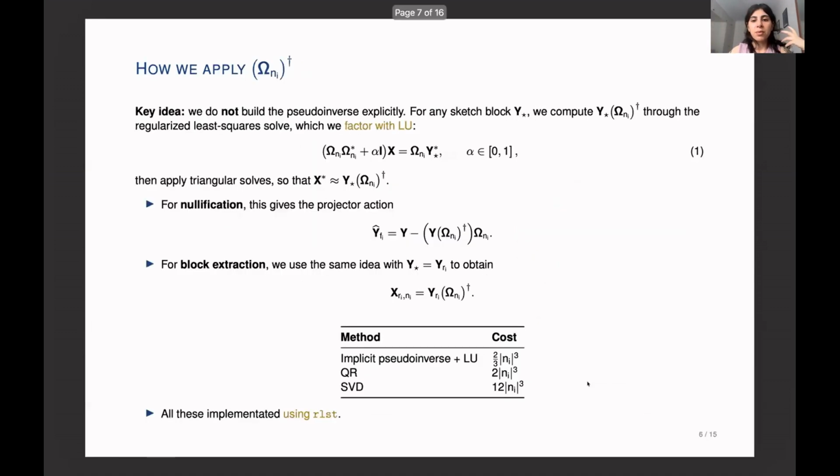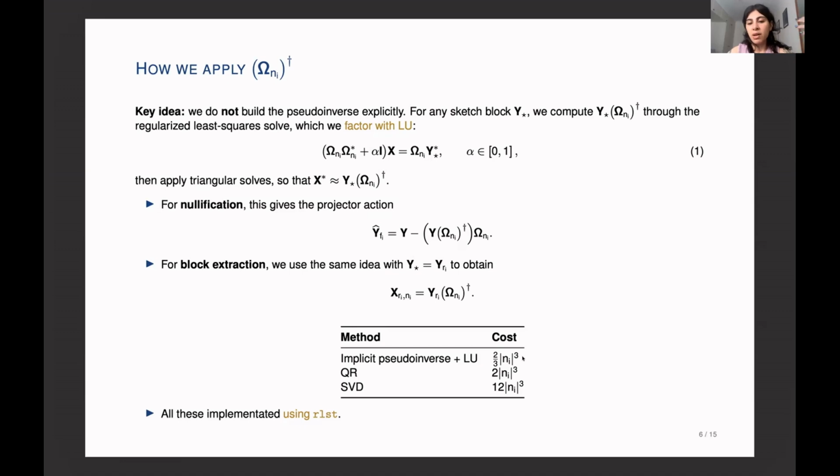So one of the first accelerations that we've done is that instead of using SVD decompositions for the zero inverses, we do this using a regularized least square problem, and we compute an LU factor on them. In principle, all of these algorithms have cubic complexity, but the constant is different, and we will see that all of this matters.